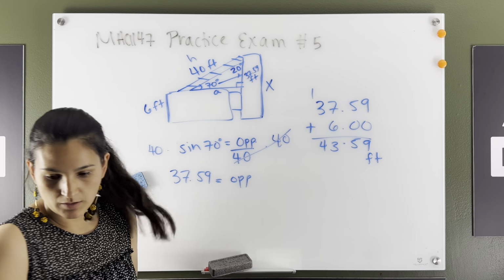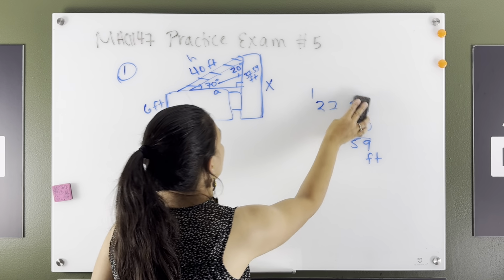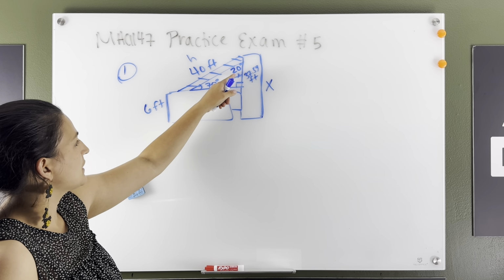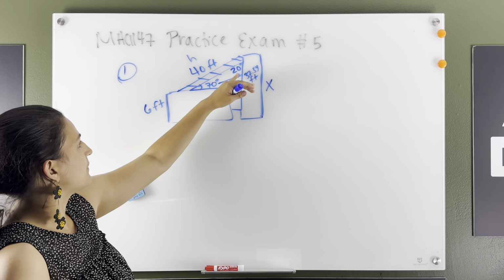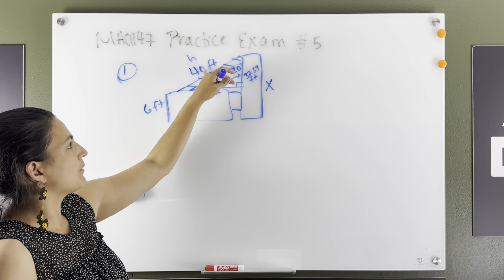Okay? Perfect. So that's number 1, word problem. Like I said, you could just stick with the 20 degrees that was created when the ladder touched the building, but in that case, then you would have this side be opposite, this one be adjacent, this one be hypotenuse.